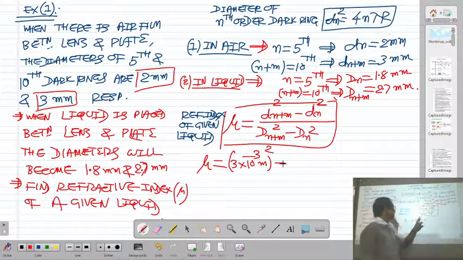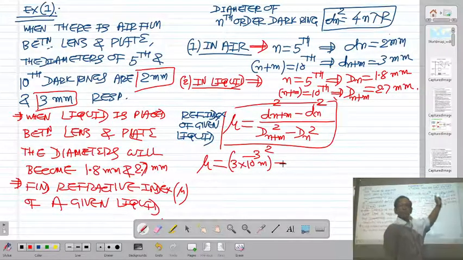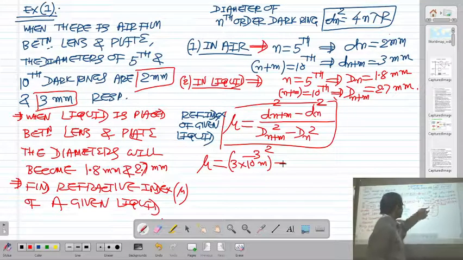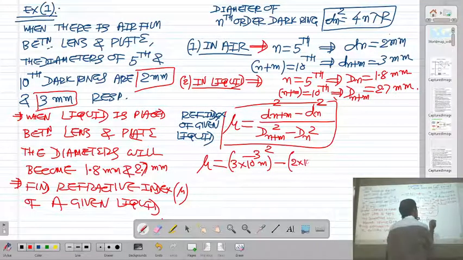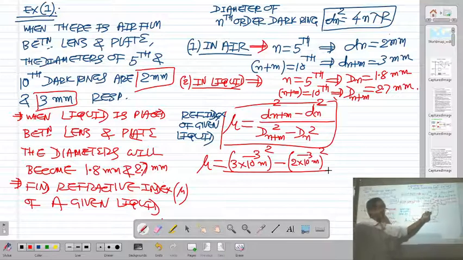So 3 into 10 raised to minus 3 meter square, minus small dn, the diameter of the n equal to fifth order dark ring in air, which is 2 mm. So 2 into 10 raised to minus 3 meter square, divided by, now we write the diameter in liquid.